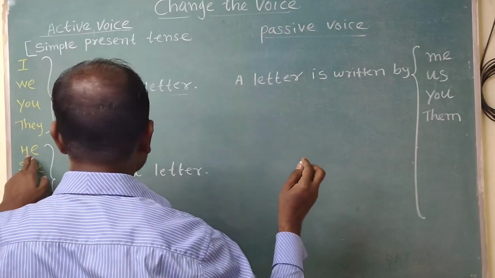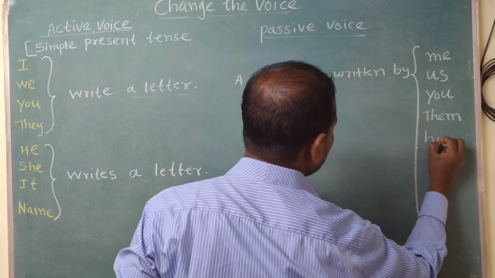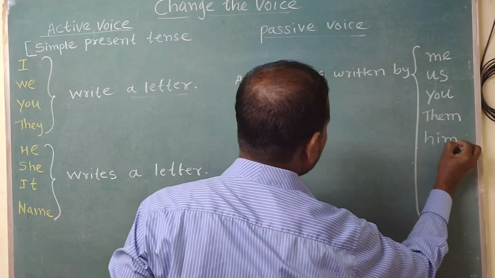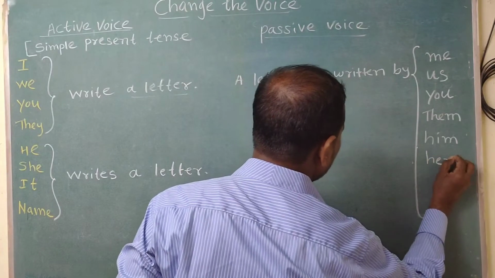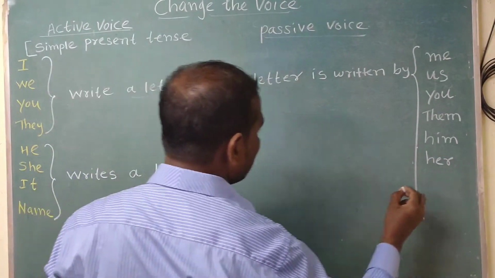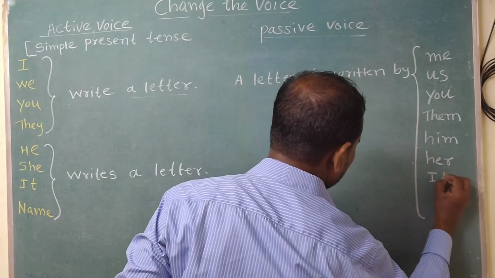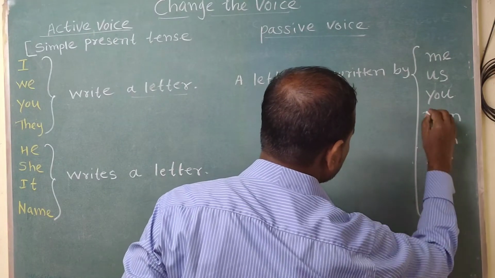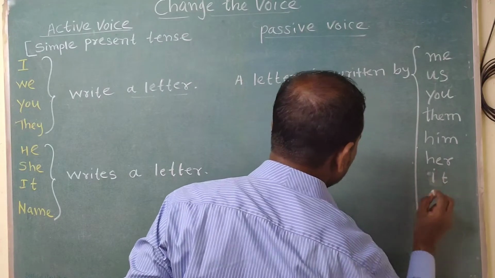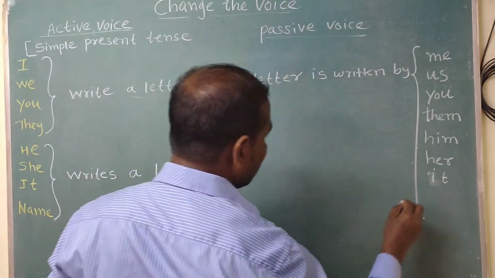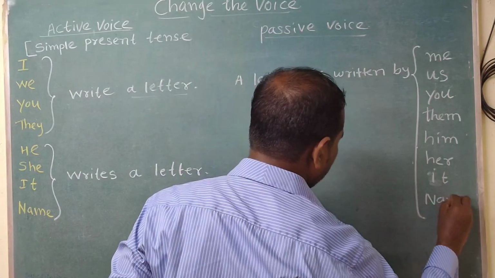If the subject is he, it will become by him. If she is there, then by her. If it is it, then by it. And if the name is there, then we have to use the name, by name.